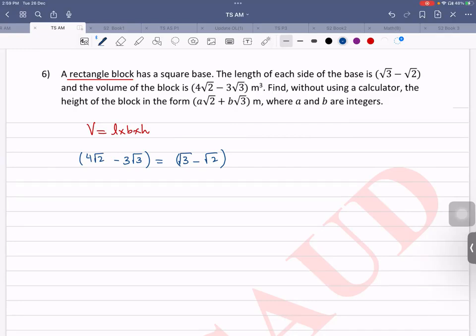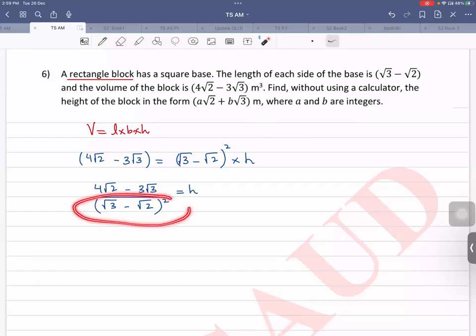So instead of writing it twice, I am putting a square on the bracket into the height. You will first expand this bracket using the algebraic identity, and then you will rationalize it. But you will do it in the last 10 minutes of the class.